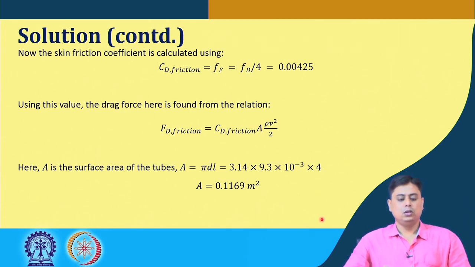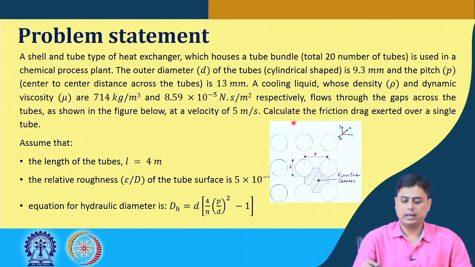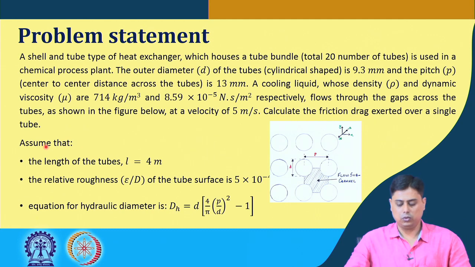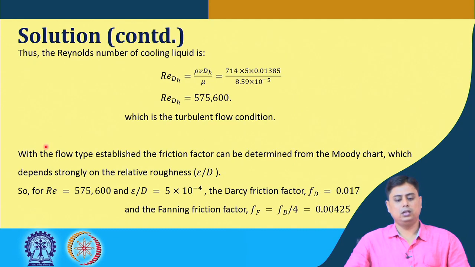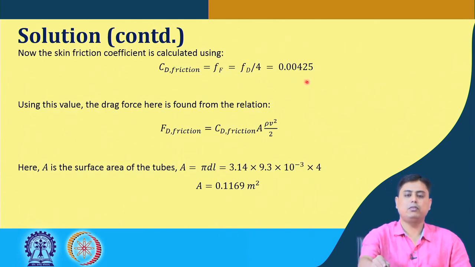Now, for the friction drag, the question was to calculate the friction drag exerted over a single tube. Which means we need the coefficient of friction for the drag, which we have got from the Moody chart.